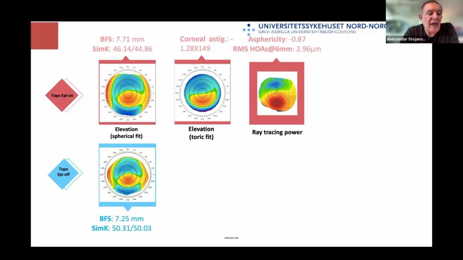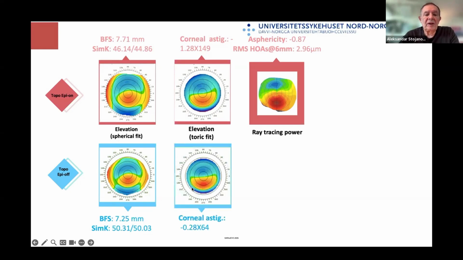We looked first at curvature, and we can see that steep K increased from 46 diopters to 50.31 diopters after epithelial removal. So it was a difference of about 4 diopters, very significant.